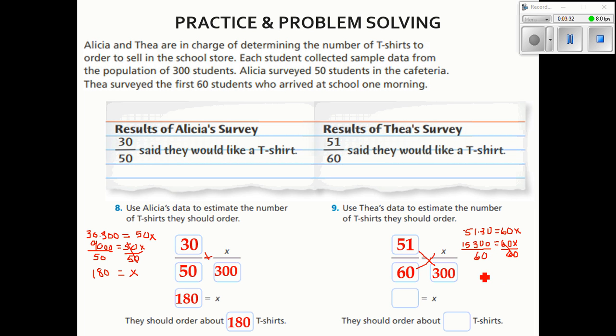That's going to give me about, I think, 255. You can check your calculators if you like. Hope I don't make a mistake and embarrass myself. Let's see what our answer is. Hey, look at that, 255. So according to Thea's survey, they should order 255 shirts.